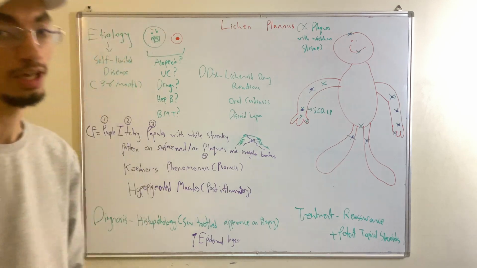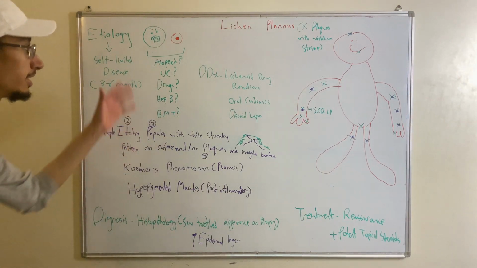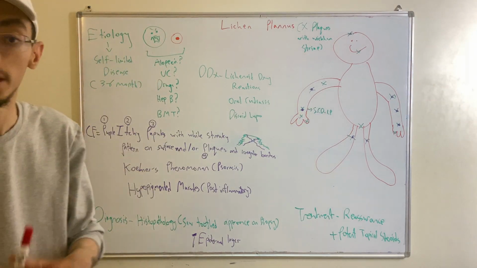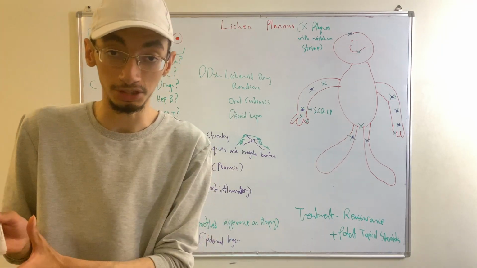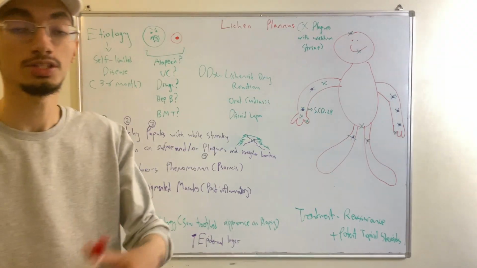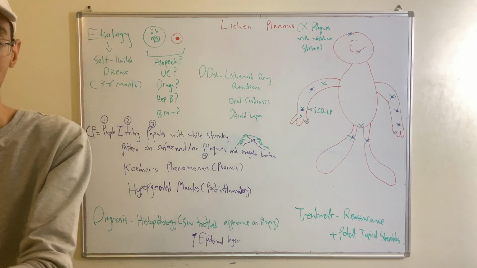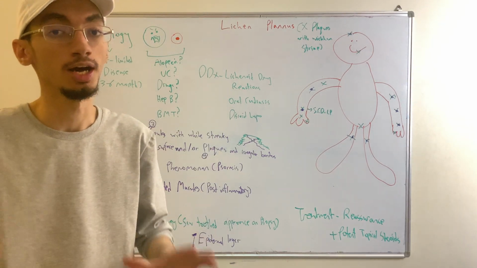Let's talk about lichen planus. Now, lichen planus is a skin condition and it is not infectious related. It's non-infectious. It is a non-infectious immune-mediated skin reaction in which the cause is unknown.